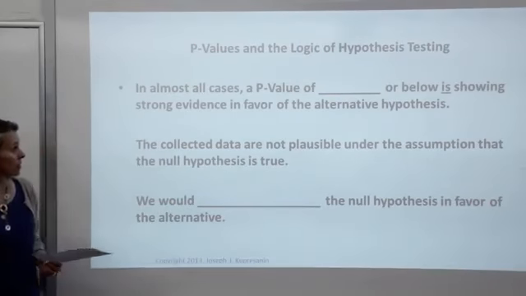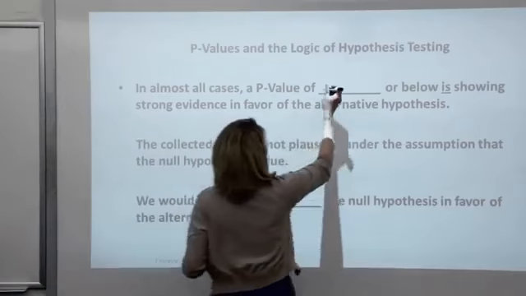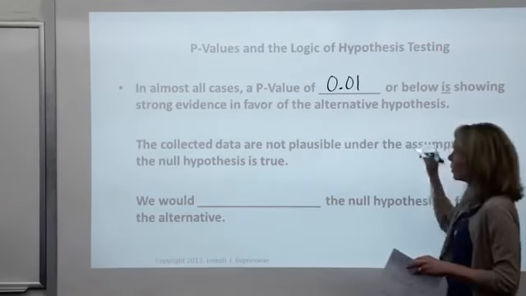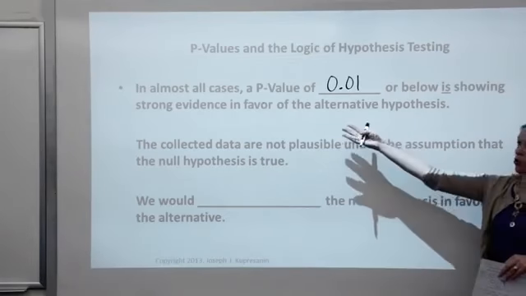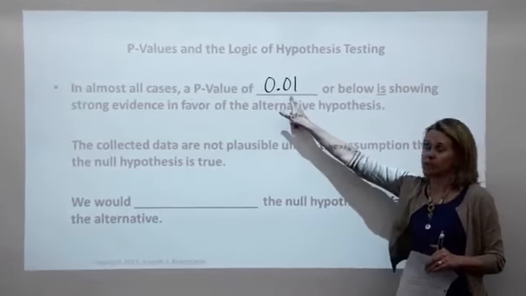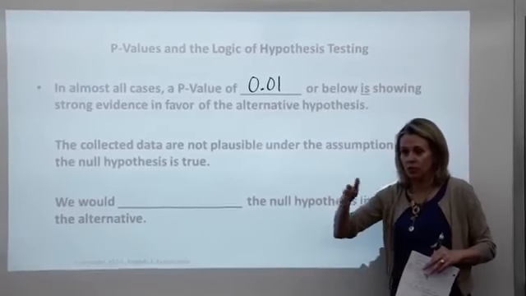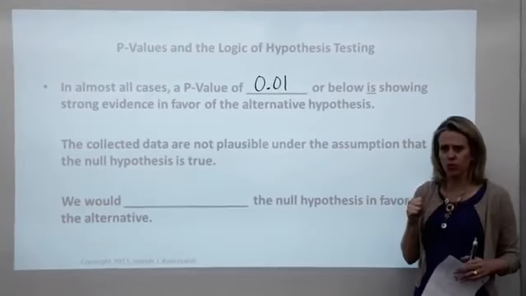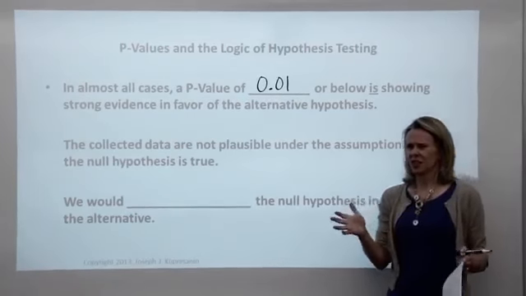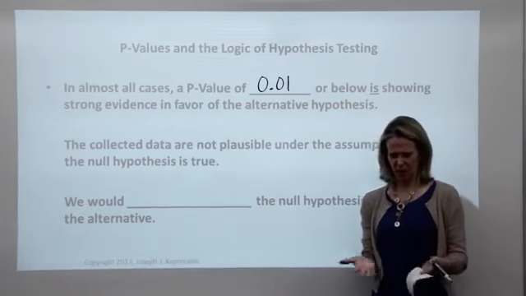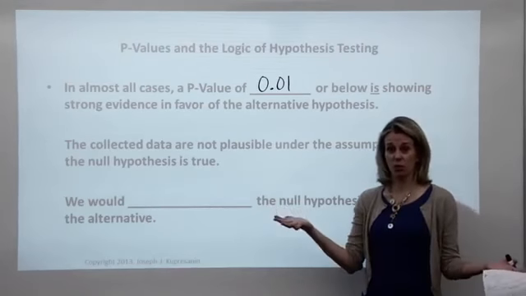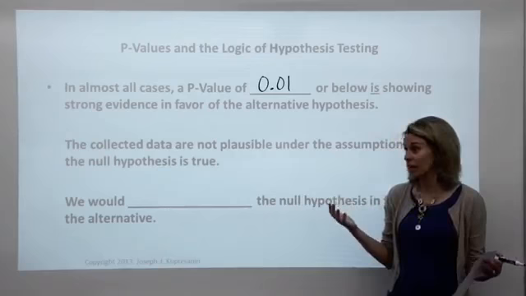In almost all cases, if you have a p-value that's 1% or below, 0.01 or below, that's showing pretty strong evidence in favor of the alternative hypothesis. This means you're only going to get sample data like yours 1% of the time or even less if that null hypothesis is true. That doesn't seem very likely.